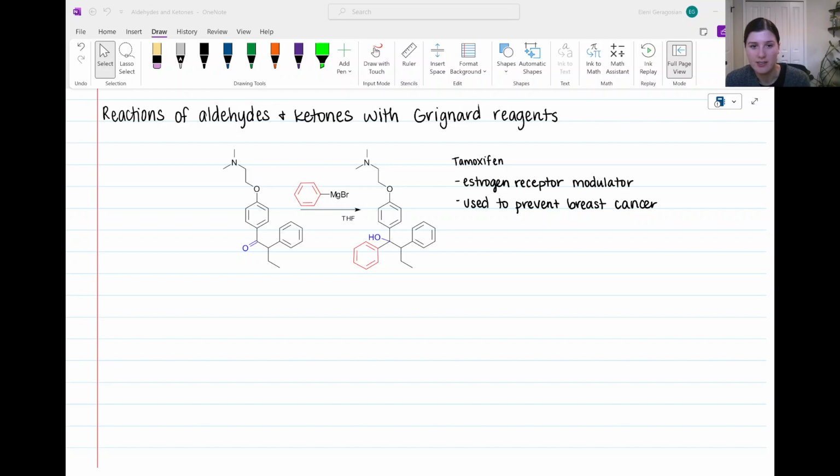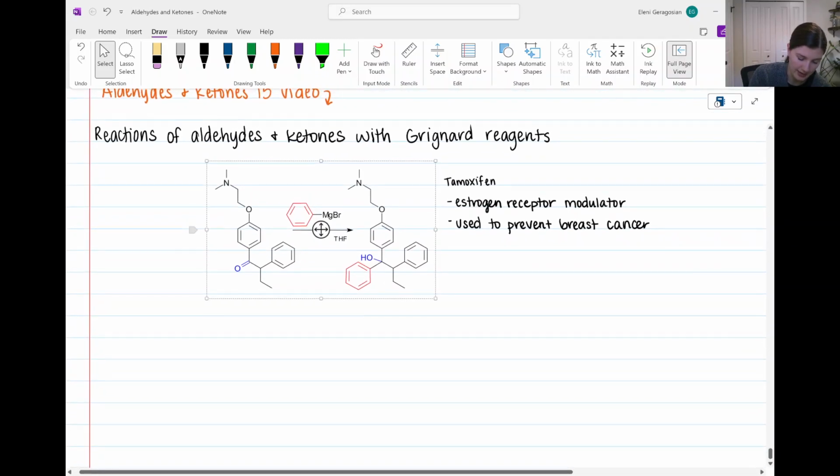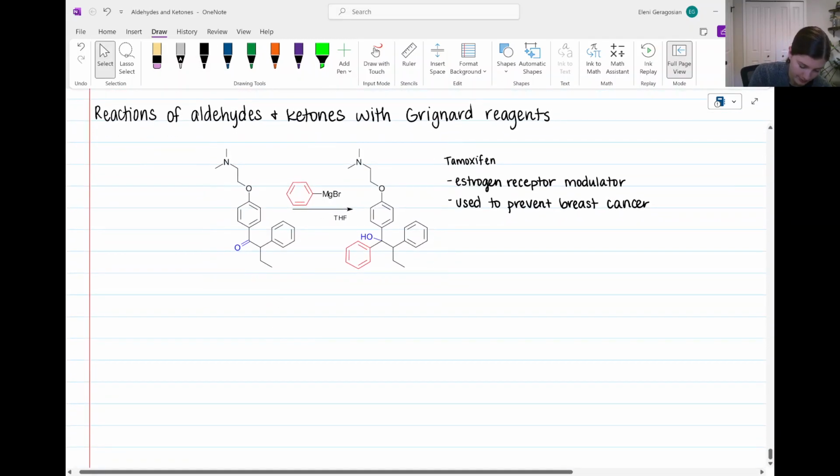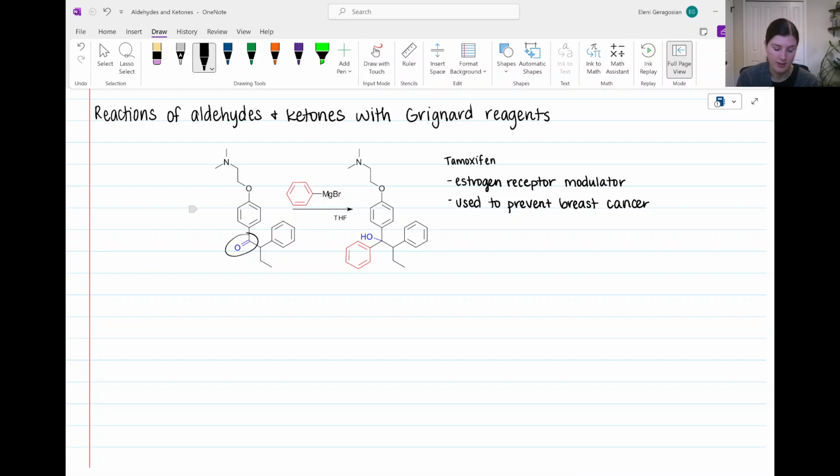If you look at the starting material and product, the difference in these structures is occurring right at the ketone. So this part of the molecule here where there's a ketone. You might notice this reagent that we're adding here, magnesium bromide, that magnesium is also bonded to an organic structure.